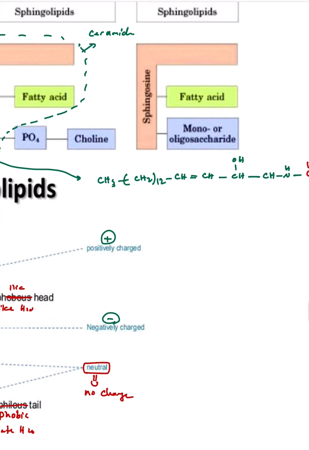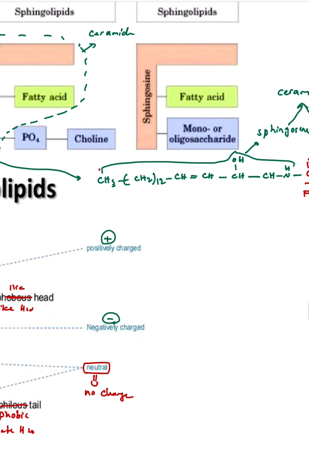This one is a sphingosine. Now these two become ceramide.